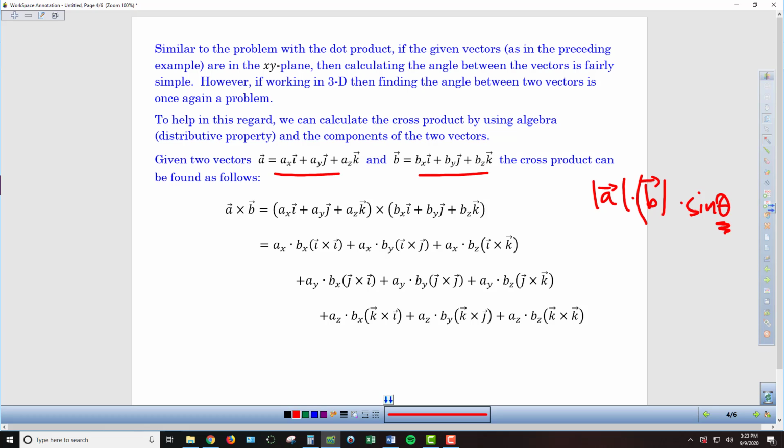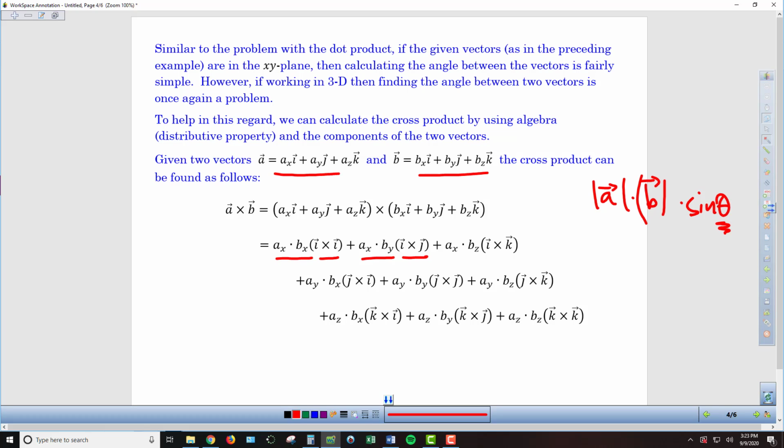So we're going to take the two x components and multiply them together, and then we're going to take the cross product of the vectors i and i. Then we're going to take ax, the x component of A, times the y component of B, and then we're going to take the cross product of i and j. So we can see that here.